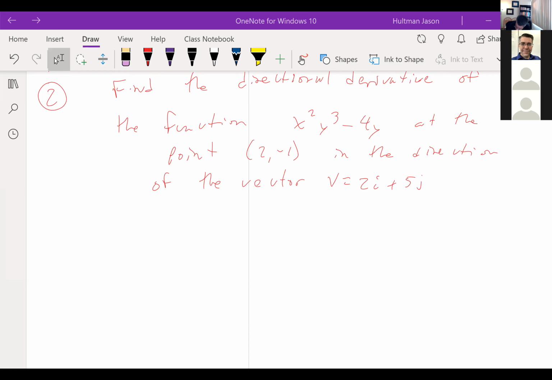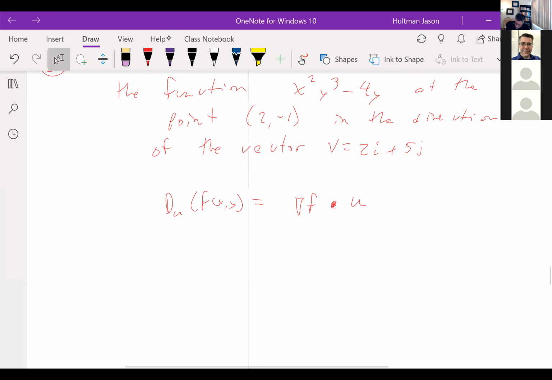Again, we're going to say that the directional derivative is equal to del f dotted with u, the unit vector in the direction of v.